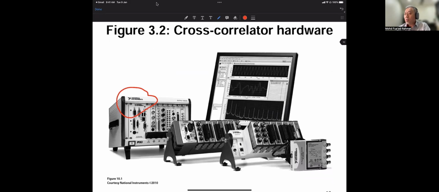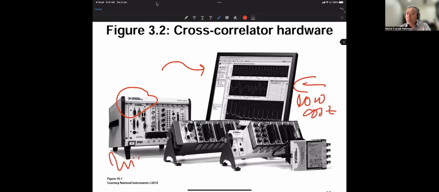Most industrial and academic laboratories have this kind of correlator. Or if we don't have any budget for that, we can simply choose software that can calculate and display like this. So this one can be considered low cost, and this one high cost.